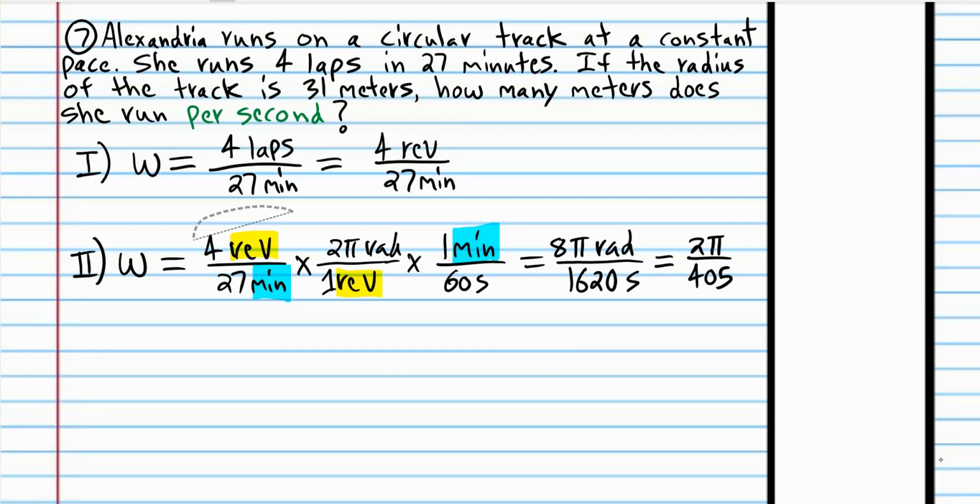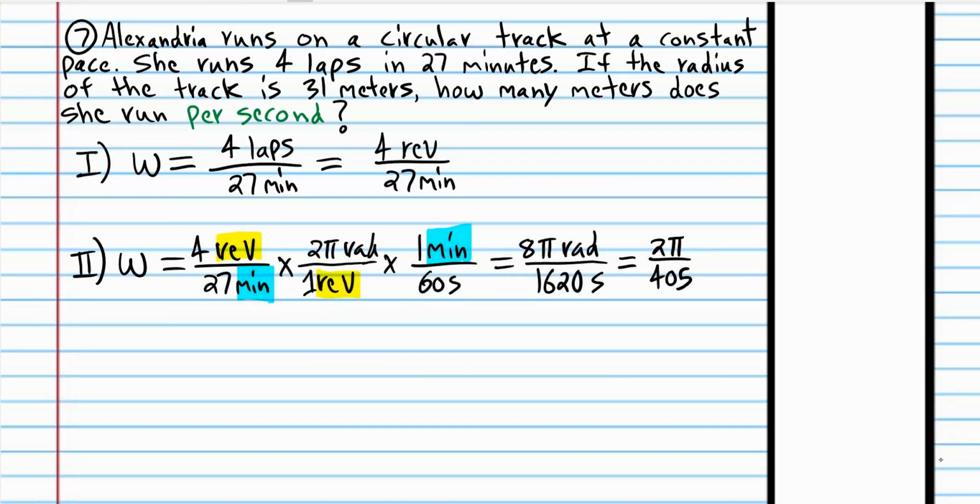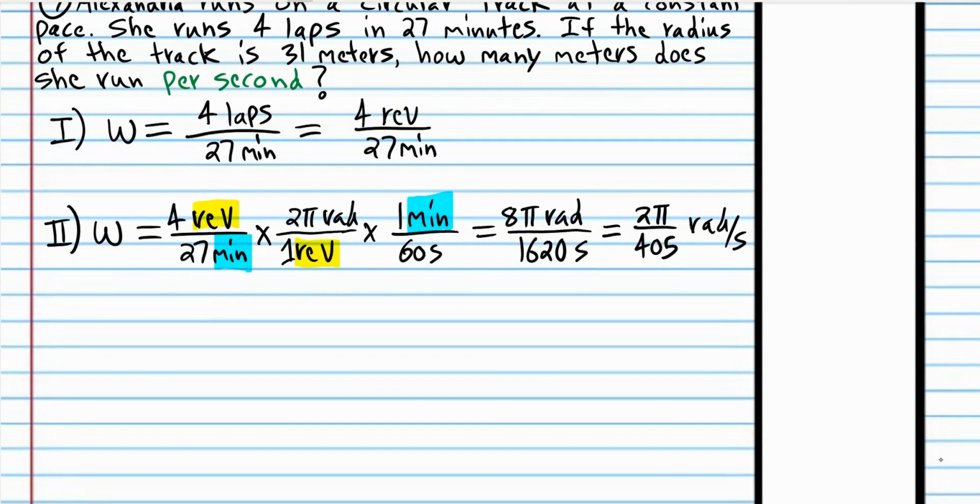Let's move everything over a little bit so we can write the units. So rads per second. So again, you don't have to write rads, but it's a lot easier than writing s to the negative 1 power or 1 over s.